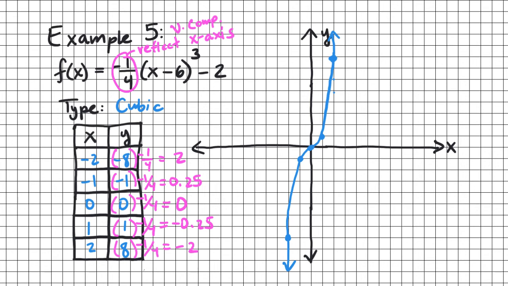Okay, so if I plot these points, remember the x's don't change in a vertical dilation. Only the y's change. So if I plot these points in pink, that's going to give me negative 2, 2. That's right here.